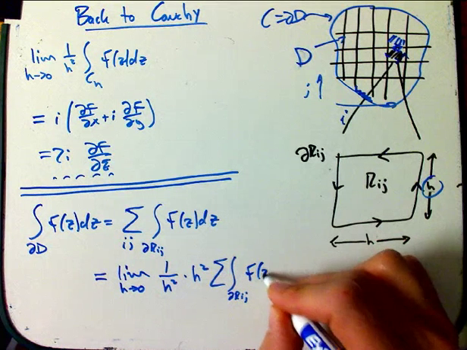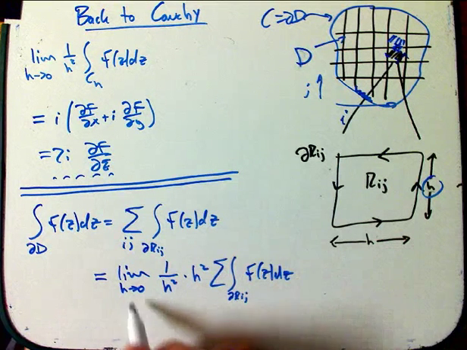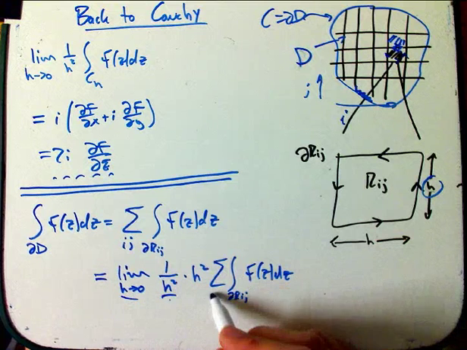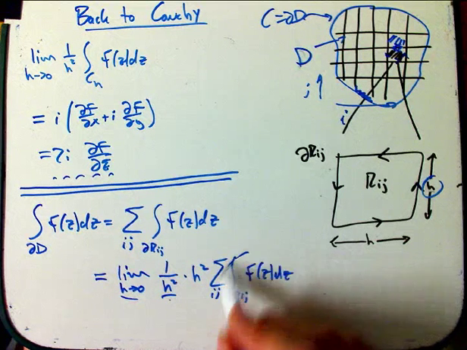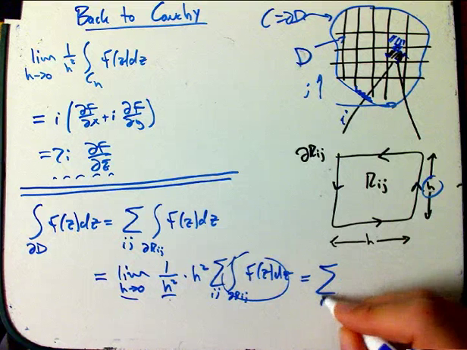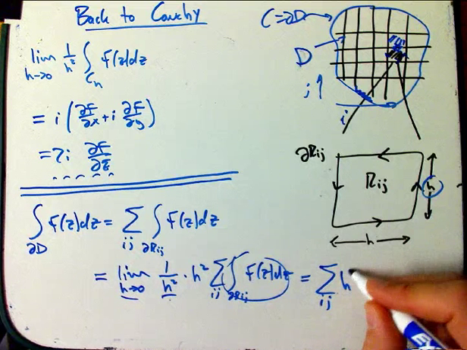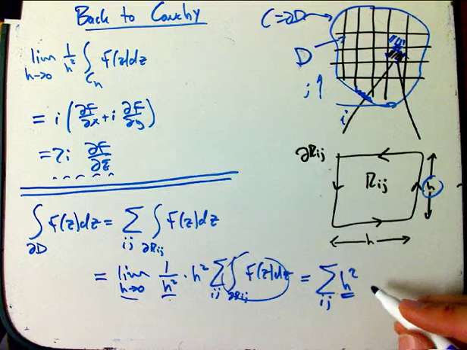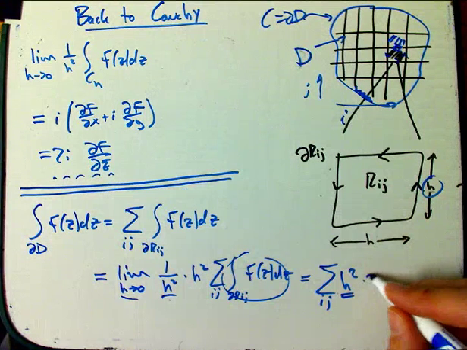The integral of f(z) dz. So the limit of 1 over h squared times these integrals is the microscopic closed contour. What's left is the sum over all of them of the size of each rectangle times this guy.